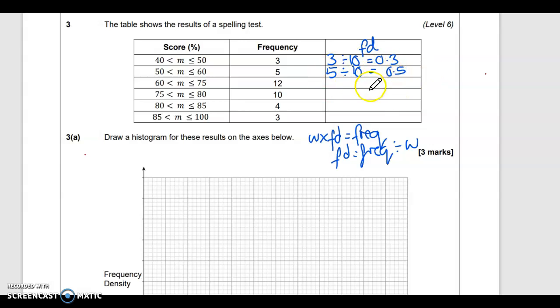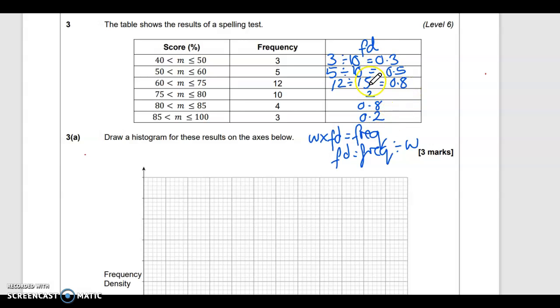Do you want to pause and have a go at the next 4? Good. The next one would be 12 divided by 15, which gives us 0.8. Then the next one is 10 divided by 5, which is 2. Then 4 divided by 5, which is 0.8. And then 3 divided by 15, which is 0.2.